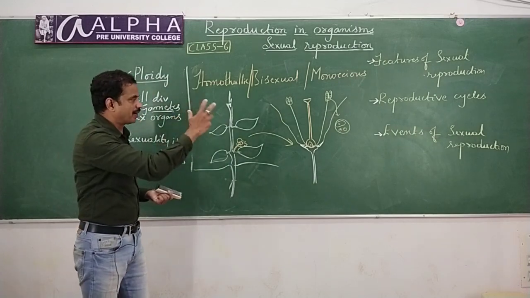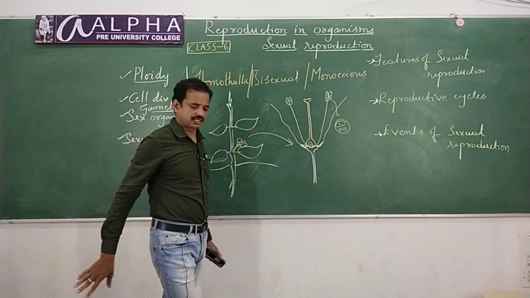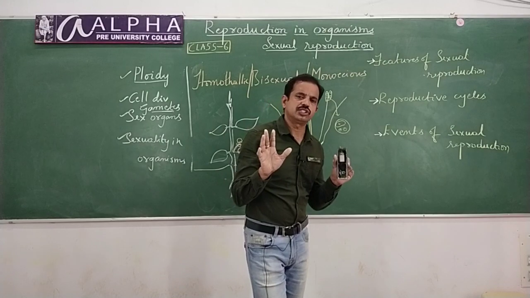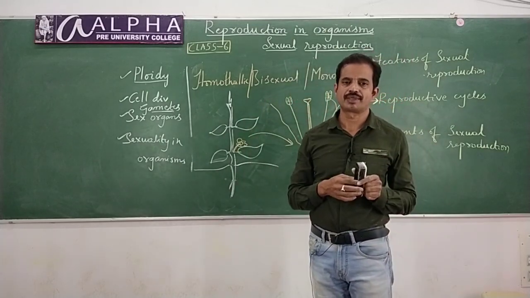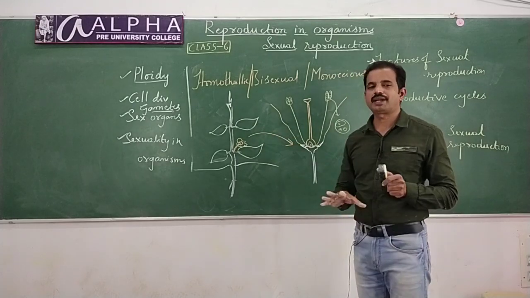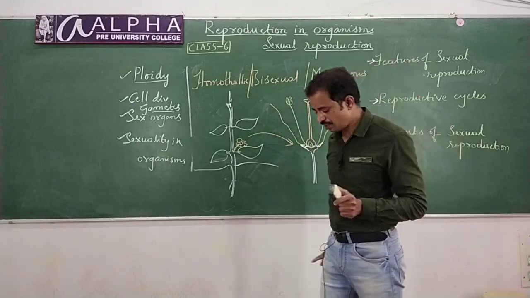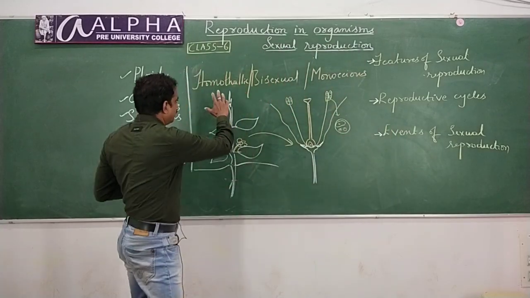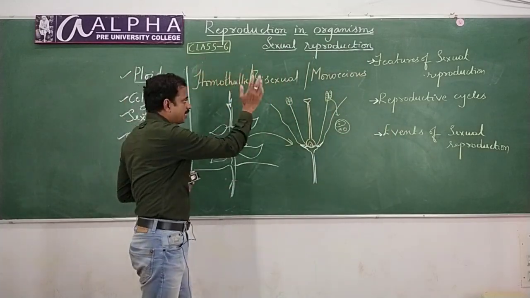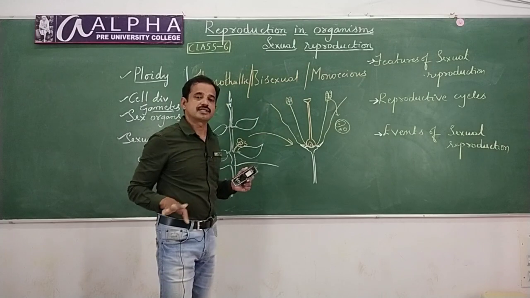Homothallic, bisexual, monoecious condition are almost synonyms, words which carry the same meaning. A particular plant having both the reproductive organs, we call homothallic, bisexual or monoecious condition.